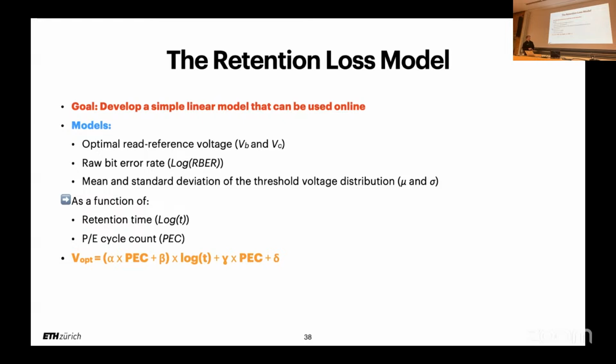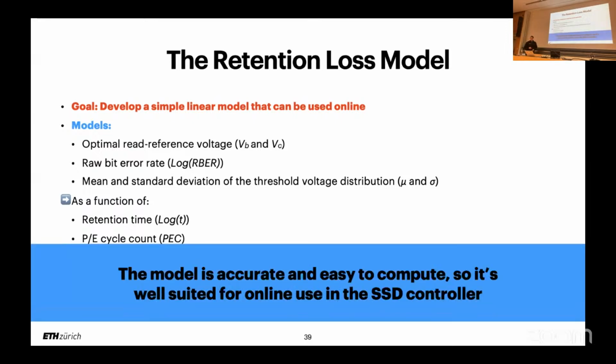And we do this as a function of the logarithm of time and of the program erase cycle count. And this orange formula here is a formula for the optimal read reference voltage, but we could do it for the raw bit error rate and so on. Additionally, this model is easy to compute. We just use least squares, and thus it's well suited to online use in the SSD controller.